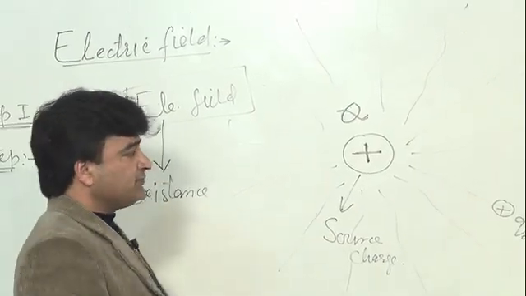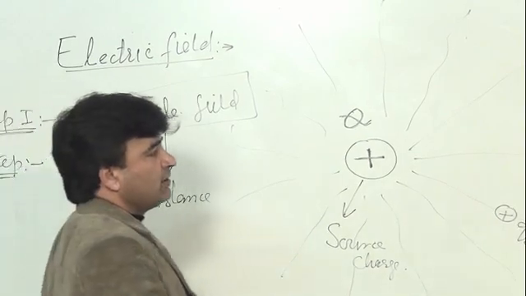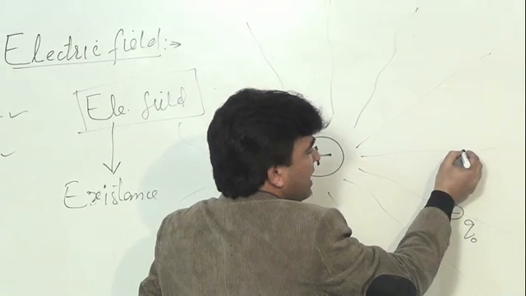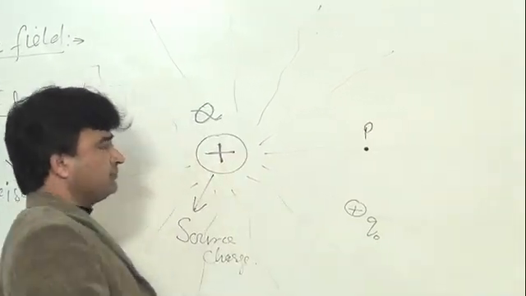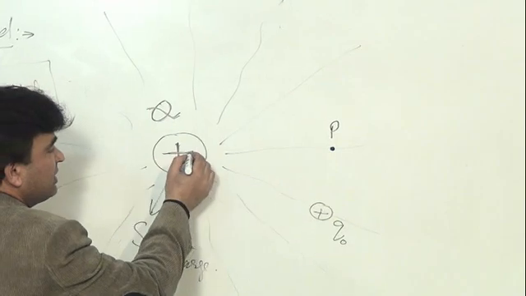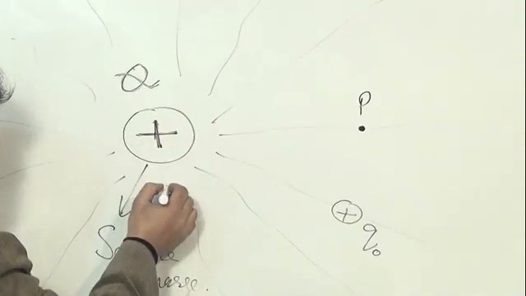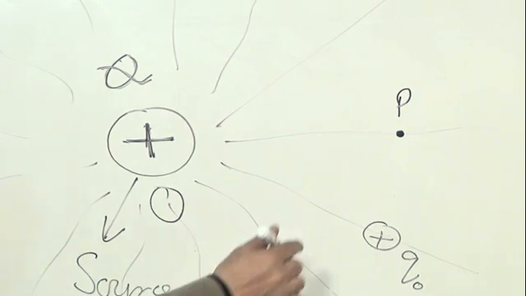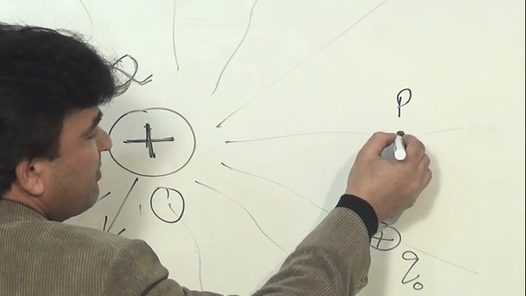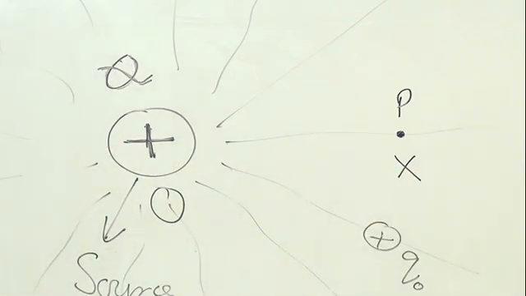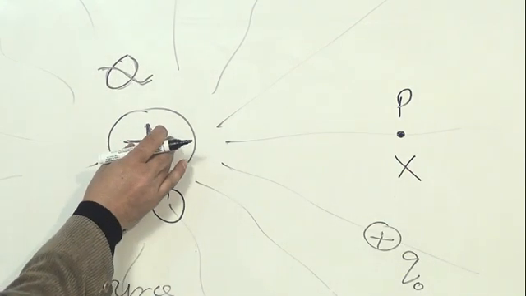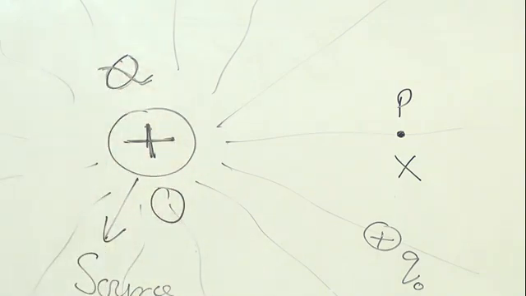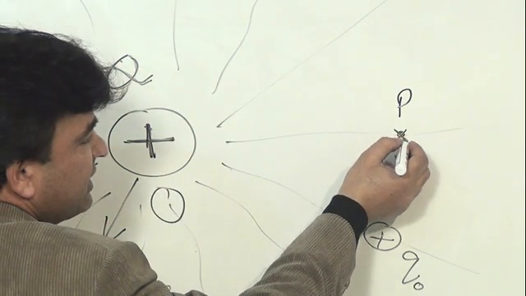That means if we are interested to know the electric field at this point P, when the source charge is at the point O, let us suppose that the electric field at point P is X. If I move this source charge from Q to some other point, then field at X will get changed.